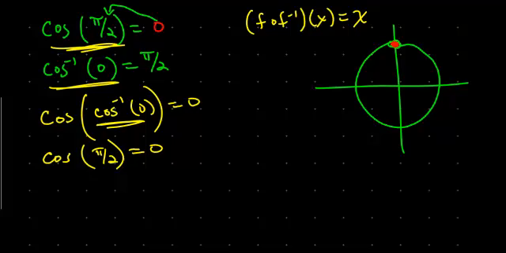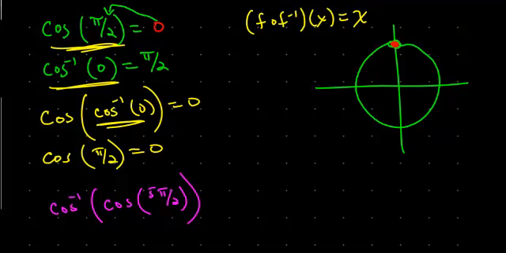The only tricky part is, in some of your homework problems, you'll have something like the inverse cosine of the cosine of 5 pi over 2.